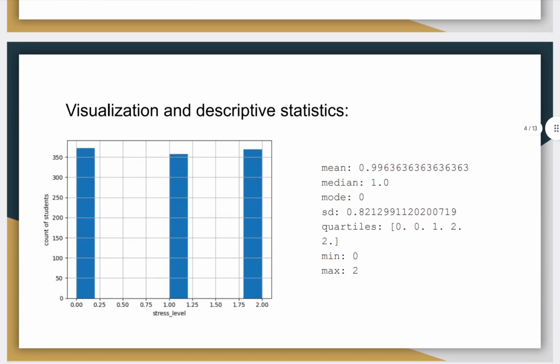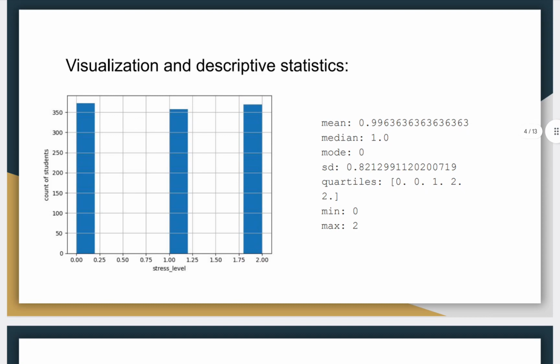So the second step, we used the Google Colaboratory Python platform to analyze our data. First of all, it is the visualization and descriptive statistics of the data we had. First, it is the column of stress level.